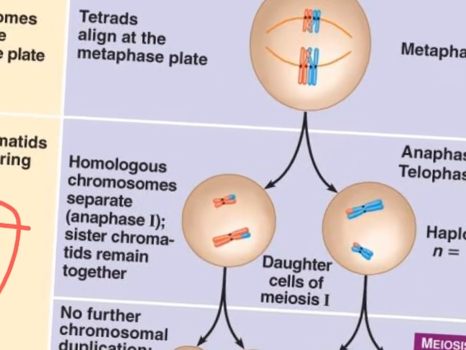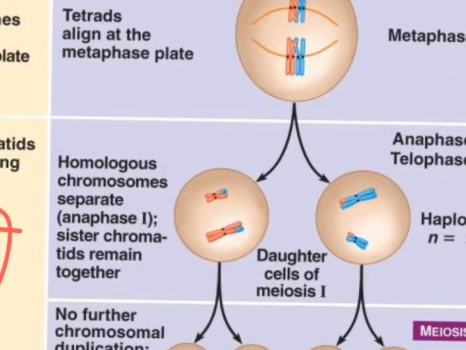And then finally, the homologous chromosomes separate while sister chromatids remain together. That means after crossing over, you still have homologous chromosomes, one from mom, one from dad, except for some genetic exchange.